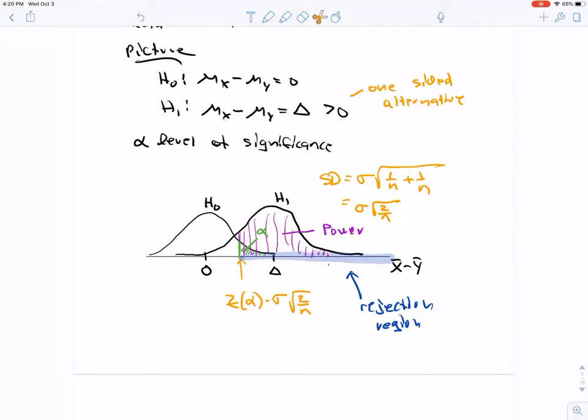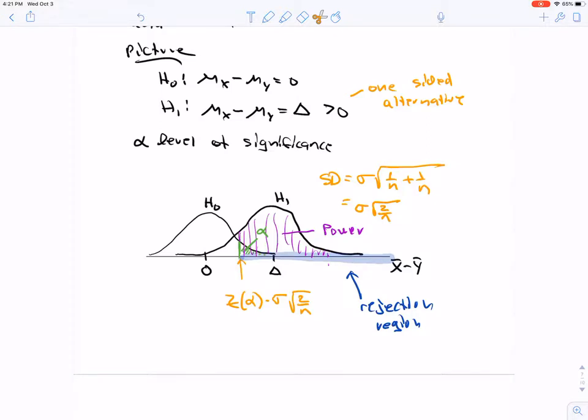And so the picture that we have, I have here two normal distributions, and the green shaded region is alpha, the purple shaded region is the power. And the rejection region is z alpha times sigma square root of 2 over n. The reason that you have the sigma square root 2 over n is because this is the distribution for x bar minus y bar, which has not been normalized.